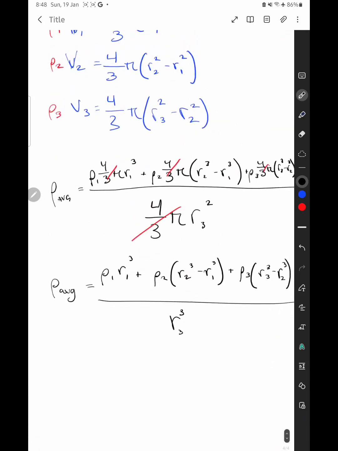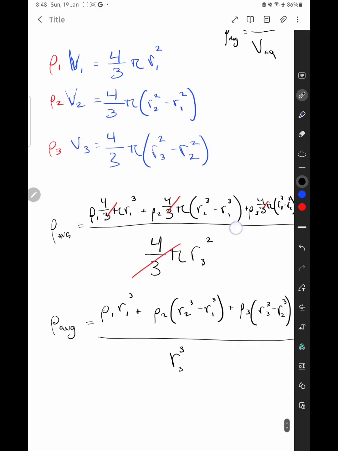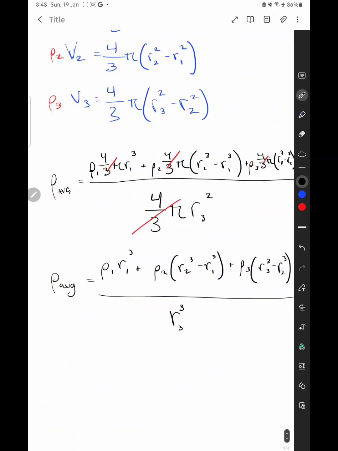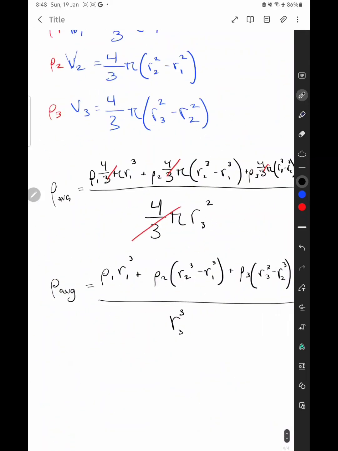And you can just go ahead and plug in these values, and you should get an average density, which I'm going to plug in right now.